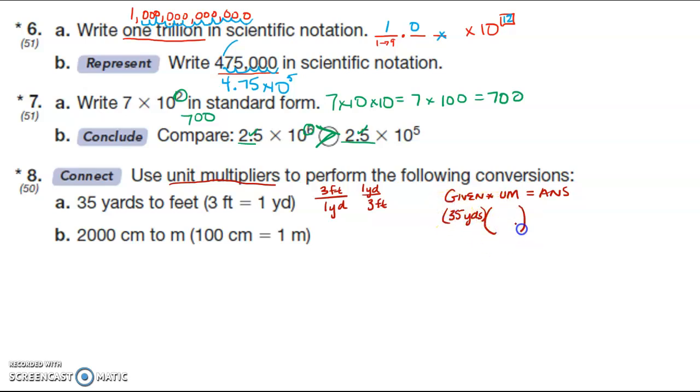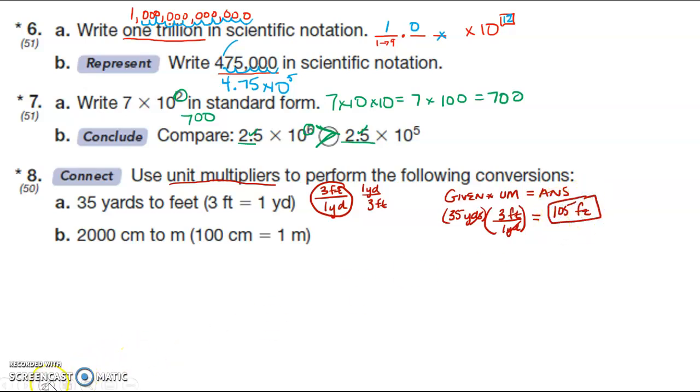I know I need a unit multiplier in there. It's going to be one of these two fractions. My answer needs to be in feet, so I know I need feet here on the top, which means I'm going to use this unit multiplier. So 3 feet, 1 yard. My yards cancel. I get 35 times 3, which is 105 feet.